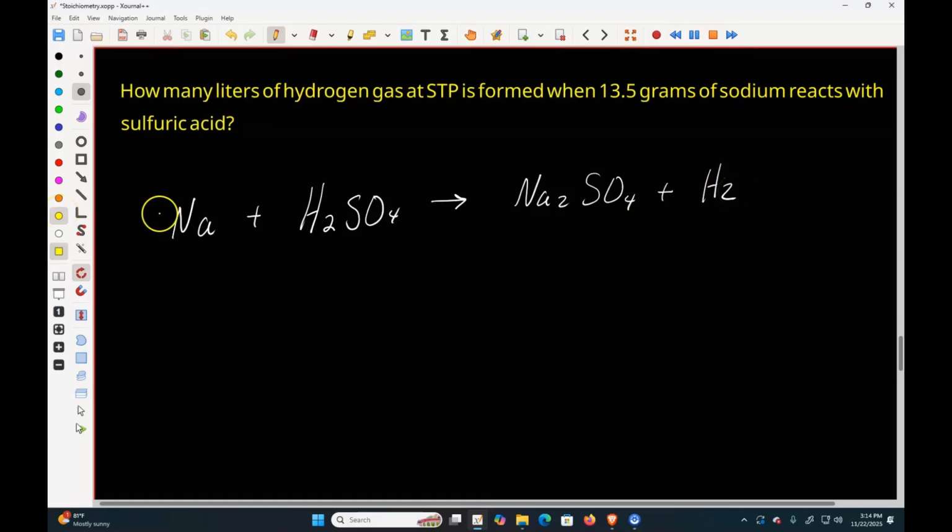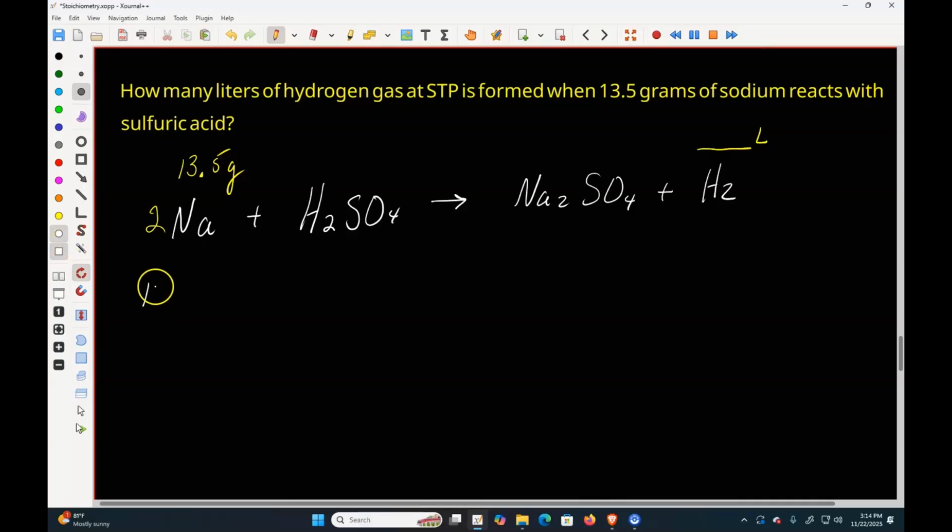All right, to balance this, I'm going to need 2 sodiums. I have 13.5 grams of sodium, and I'm looking for liters of hydrogen at STP.